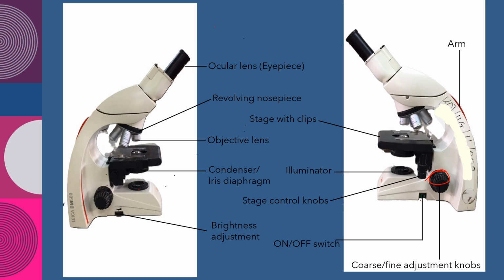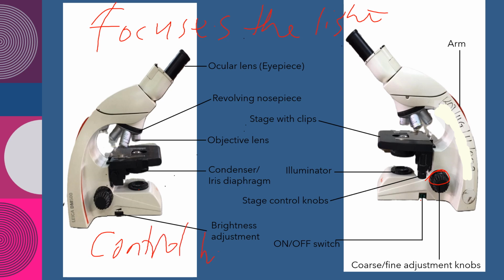So the condenser focuses the light, and then the diaphragm controls how much light is focused.